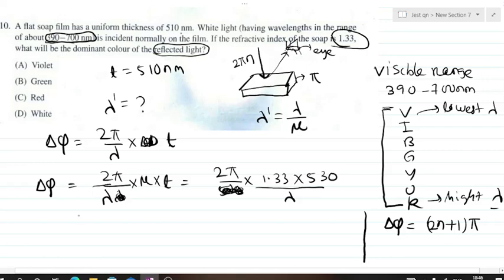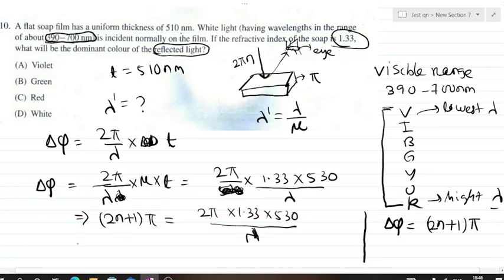Okay, so phase difference is equal to 2n plus 1 whole into pi, which is equal to 2 pi into 1.33 × 530 divided by lambda. So lambda is equal to 1.33 into 530, divided by 2n plus 1 into nothing.